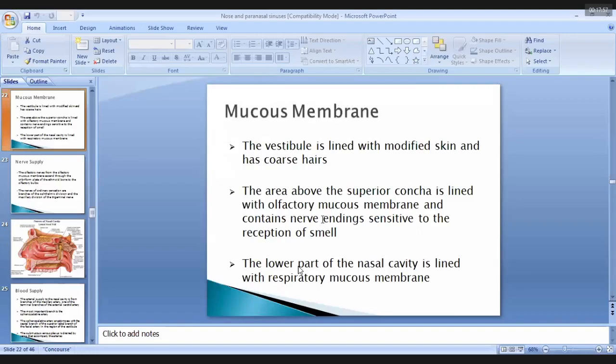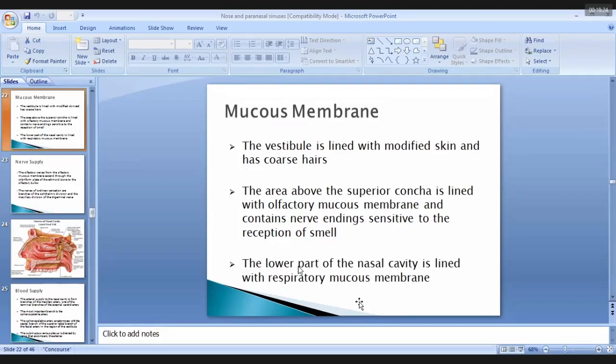Now, there are two types of mucous membrane. Above the superior concha, it is lined by the olfactory type of mucous membrane that contains nerve endings sensitive for the reception of smell. There is an origin of the olfactory nerve from the area above the superior concha. Second, the lower part of the nasal cavity is lined by the respiratory type of mucous membrane, or respiratory epithelium.